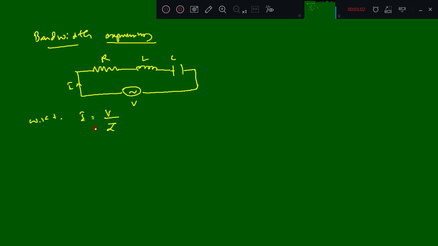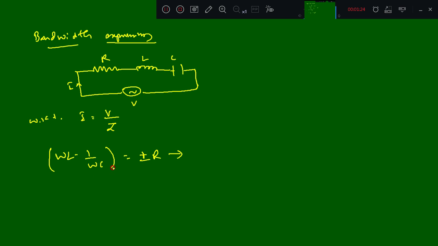This we know, and from the previous derivation of the half power frequencies we came across two equations, that is omega L minus 1 divided by omega C is equal to plus or minus R. This we have derived.